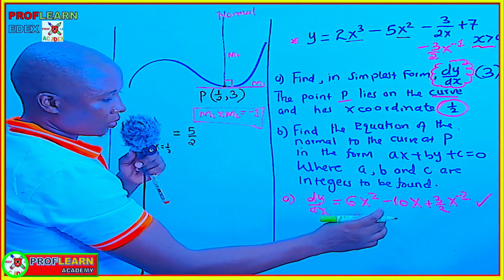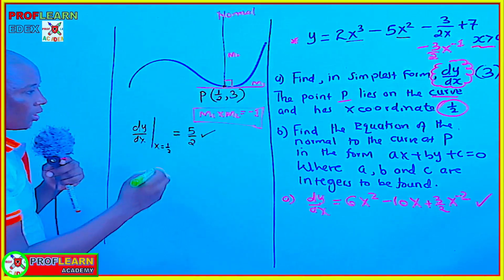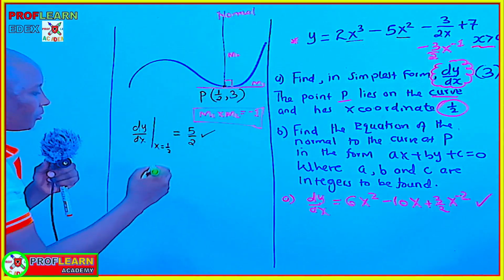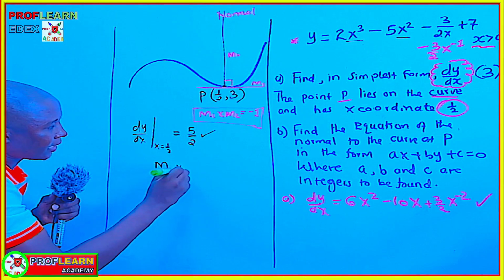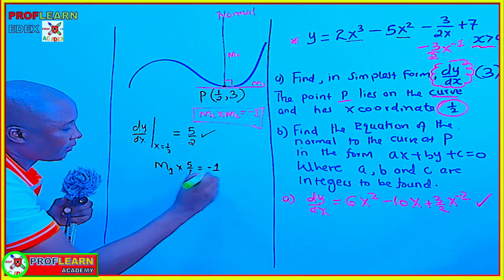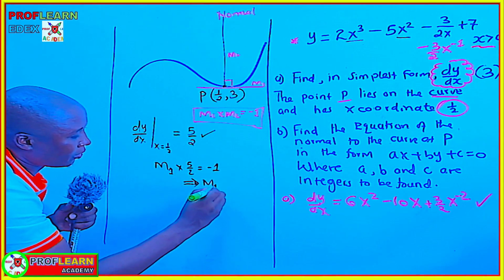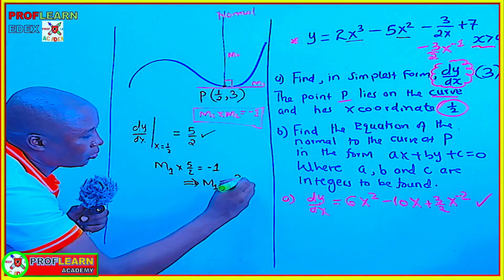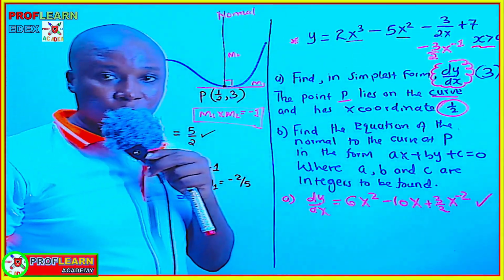If you substitute x equals a half through here, you are going to get 5 over 2. So to get the gradient of the normal, we say m2 times 5 over 2 is going to give us negative 1. And this implies that our gradient for the normal m2 is going to be negative 2 over 5.